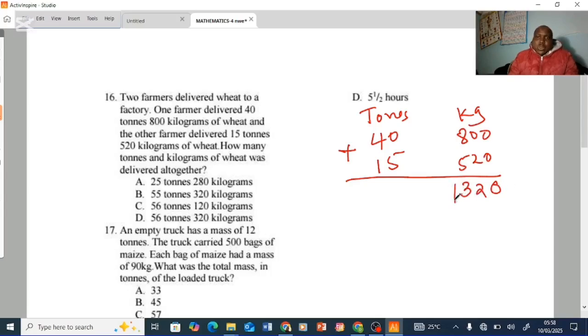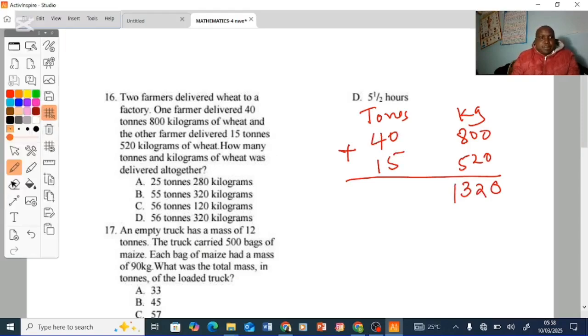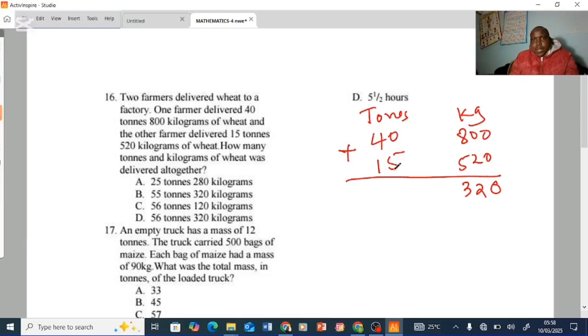So this one, it is 1 ton we are carrying over to the ton side, right? Now let's add. So 0 plus 5, that is 5 plus 1 ton, 6, and then 5. So the total will be 56 tons, 320 kilograms.